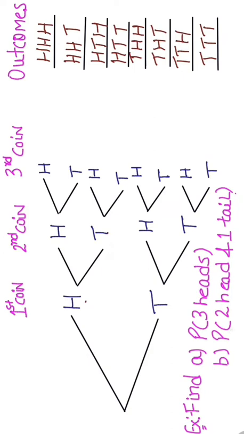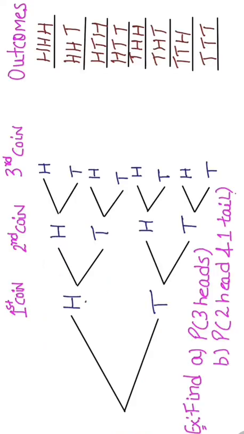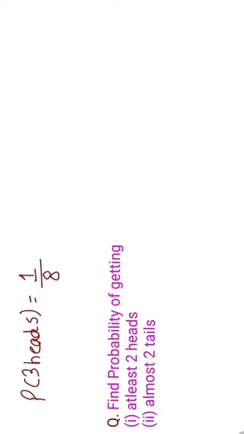Now find the following probabilities. Probability of getting 3 heads. Now observe the outcomes. There is only one outcome satisfying this condition, which is having 3 heads. So probability of getting 3 heads equals number of favorable outcomes, that is 1, divided by total number of outcomes, that is 8. Now probability of getting 2 heads and 1 tail.